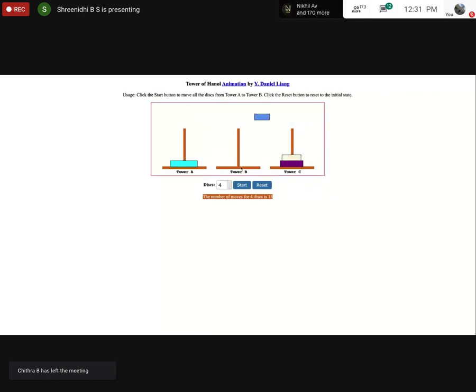Again, this will be moved here. Next again this big one to this, and the smaller one to B, and again this bigger one here.